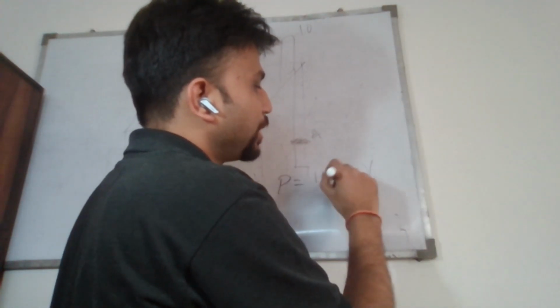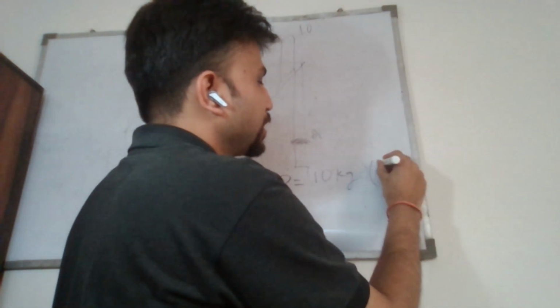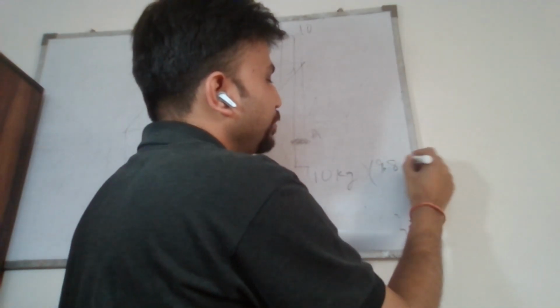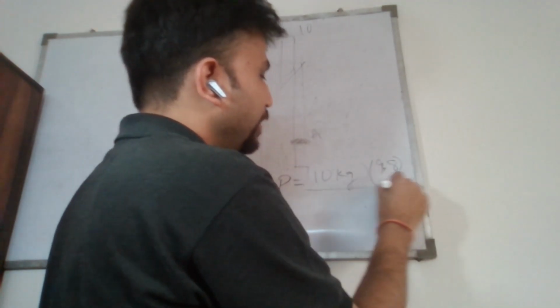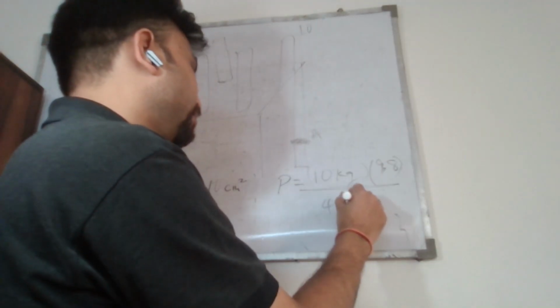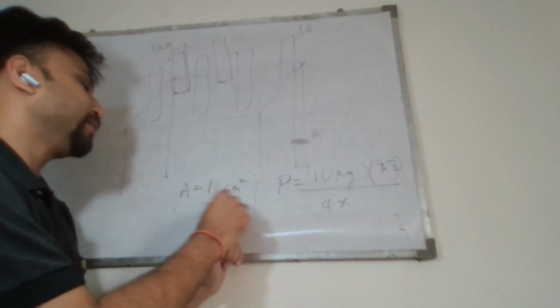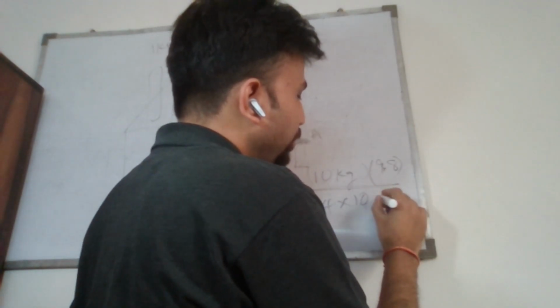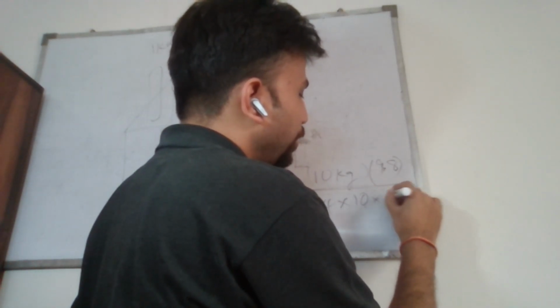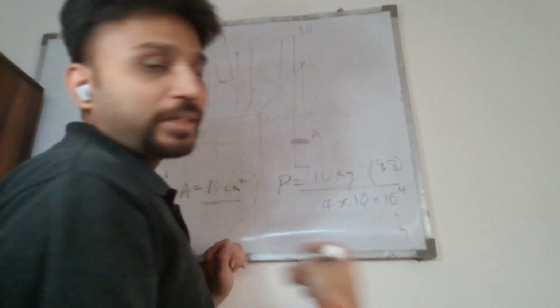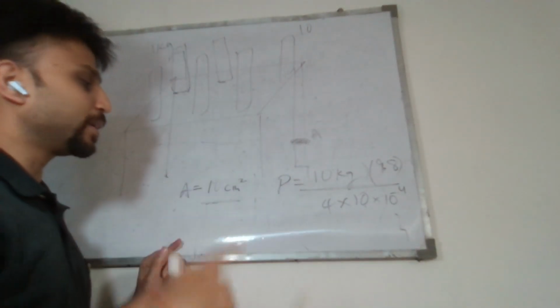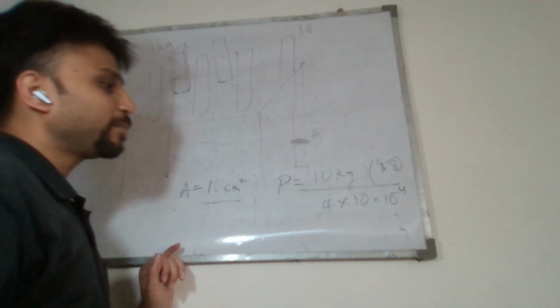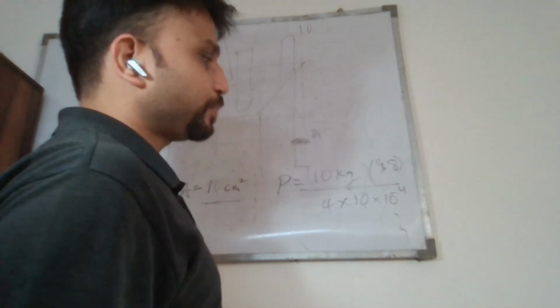So 10 kg mass into acceleration due to gravity, that is 9.8 meter per second square, divided by the area of the four legs, 4 into the area of each leg, that is 10 centimeter square. Centimeter square means 10 to the power minus 4 meter square. So 1 centimeter is 10 to the power minus 2, square means 10 to the power minus 4.